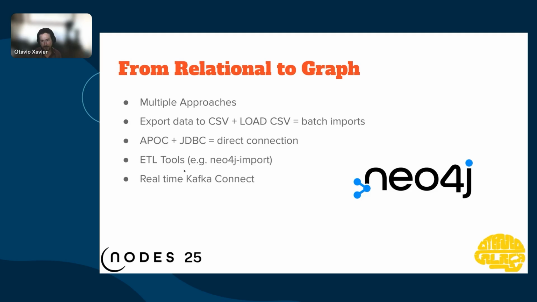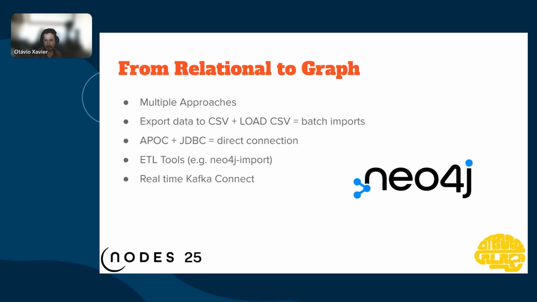Another approach, more common for batching as well, or for a single action, is to use ETL tools such as Neo4j import. In this field, we have other kinds of tools, like orchestration tools such as Airflow. You can create DAGs in Airflow to get data from the relational database and put it in the graph inside Neo4j.